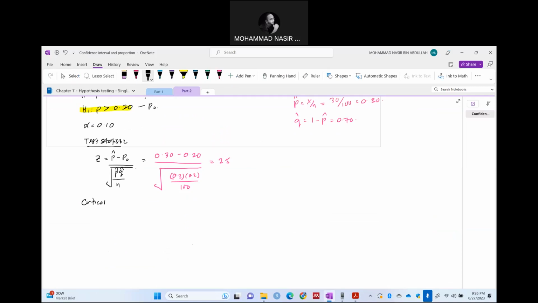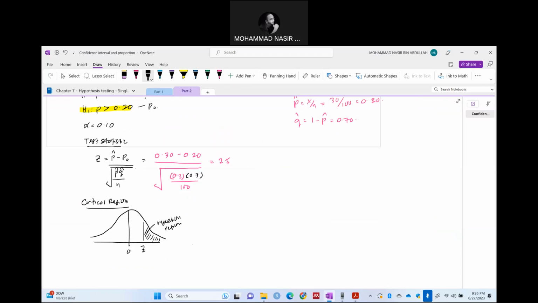So this is 0.7, right? The rejection region should be on the right hand side, right? So this is the rejection region.